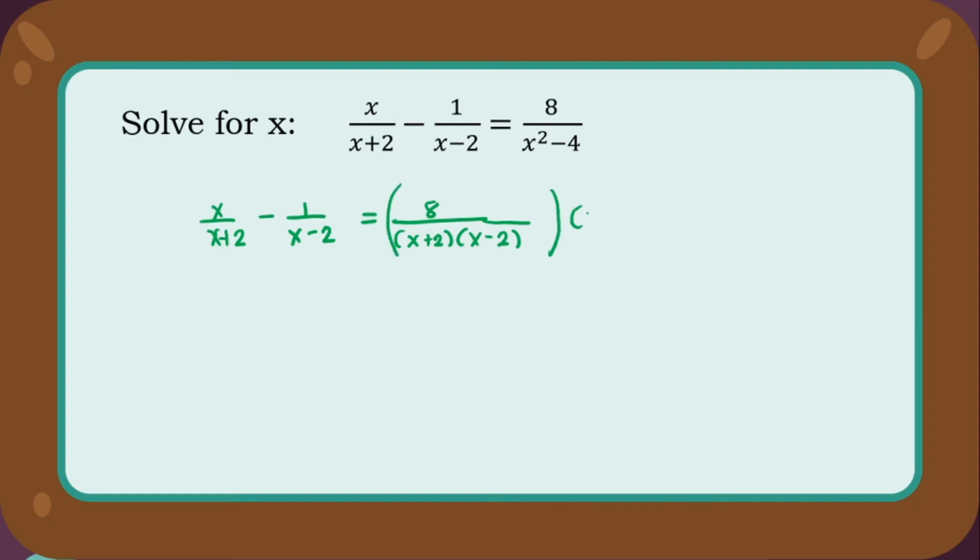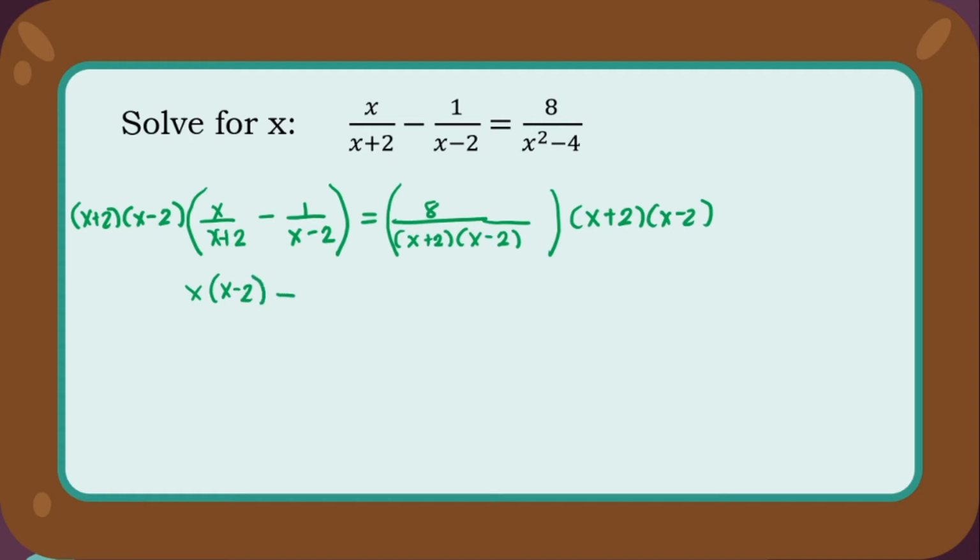So, let us now multiply x plus 2, x minus 2, and on the left side, let's multiply with x plus 2 and x minus 2. Alright? So, on the first term, if we multiply the LCD, ang matitira na lamang ay, alright, makakross out si x plus 2, kaya magiging x times x minus 2.